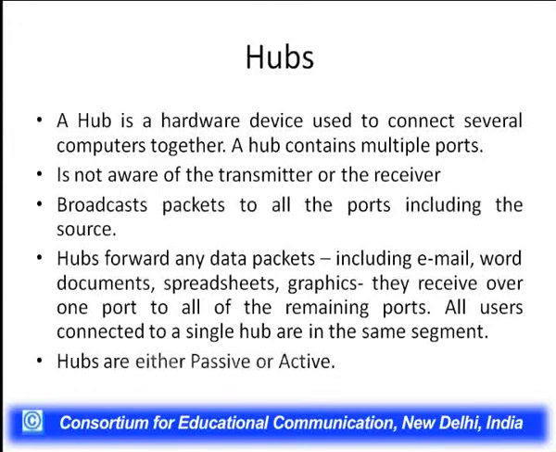So a hub is basically a multi-port repeater which will accept the packet and it will forward it to the other segment. Now hubs, as we said, are of two types, active hubs and passive hubs.